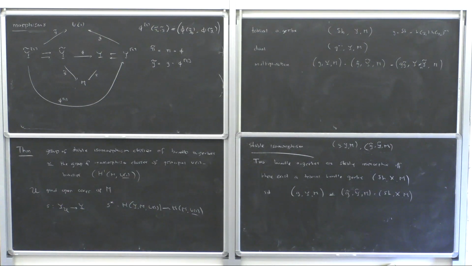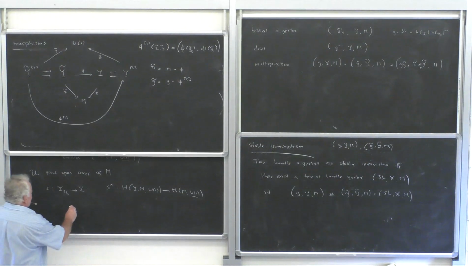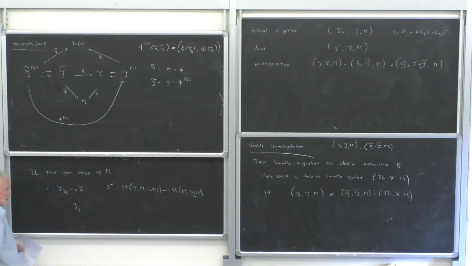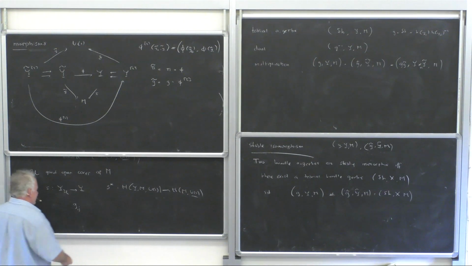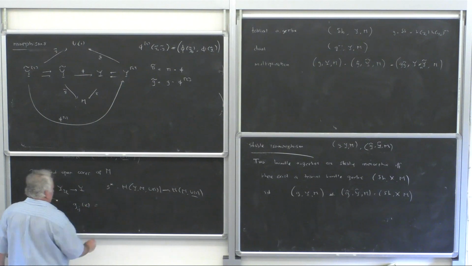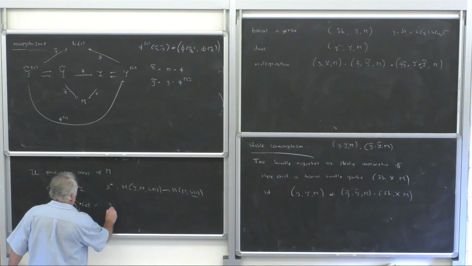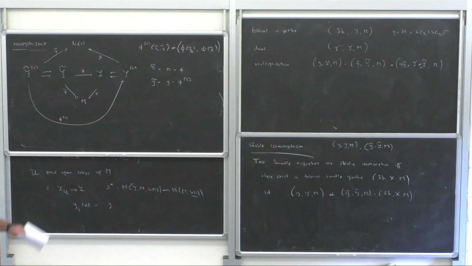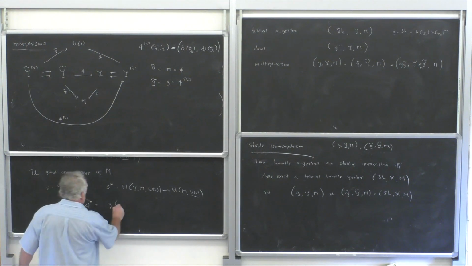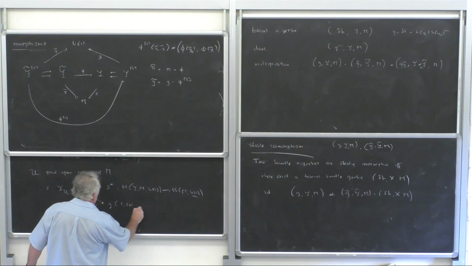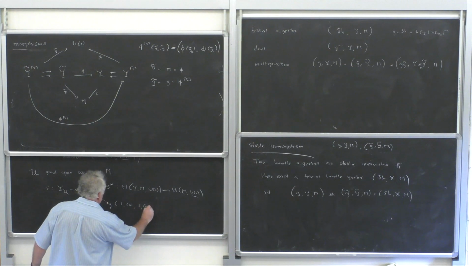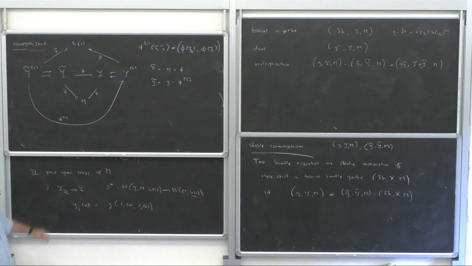If you want it explicitly, the Čech cocycle corresponding to a principal bundle, which gives you the transition function on overlaps, is just given by my G of my bundle gerbe for a set of sections of my open cover.